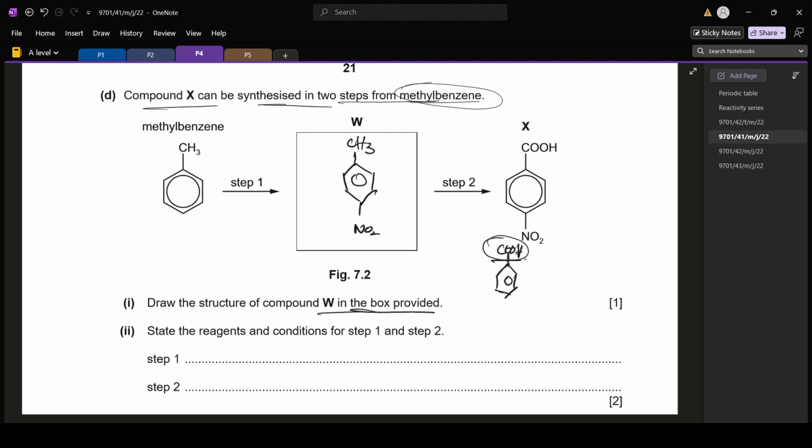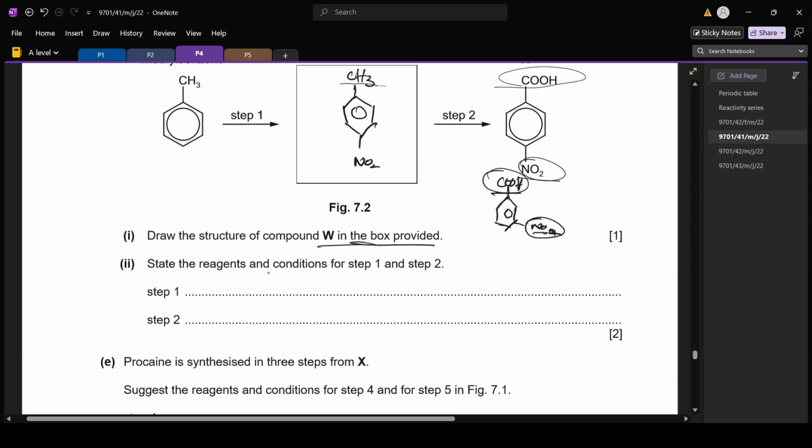If you think that W would be this group, you will have a nitrate group attached on the third position in step 2, but this nitrate group is attached on this fourth position. So I know that W will have an alkyl group, a methyl group attached, because this is a 2,4 director. And this COOH is a 3 director, so you have to be careful over there.